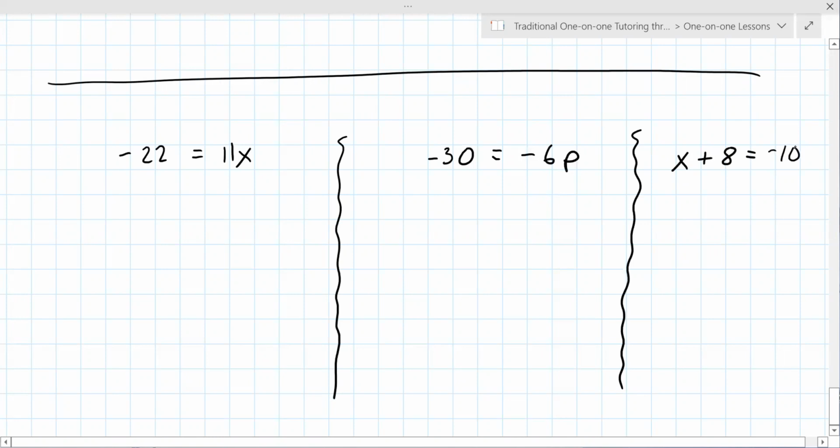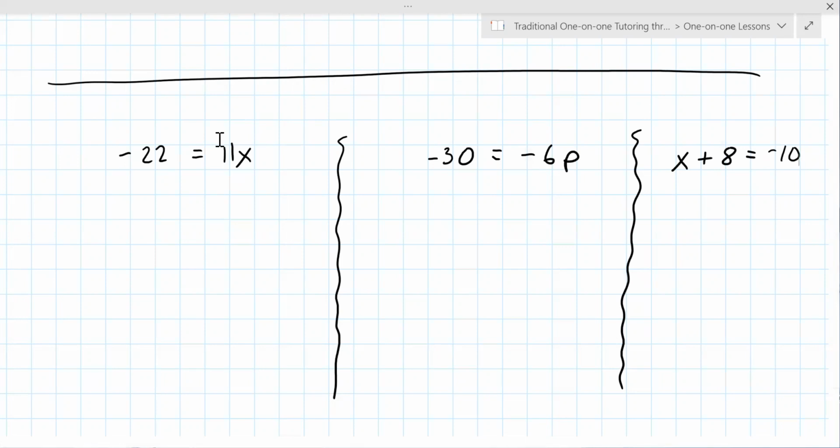Okay, for the first one, would it be negative 22 equals x or 11x, or would it be the other way around? Say that one more time. For number 1, which way is it going to be? It's negative 22 equals 11 times x. Sorry it's not written a little better. I could see what the issues were.